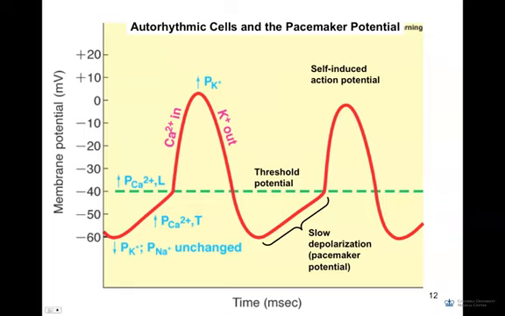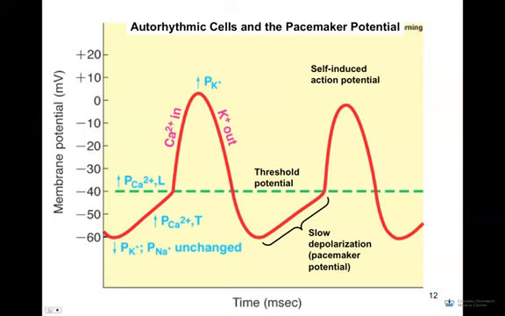And then once the cell hits threshold, there is another kind of voltage-gated calcium channel that opens. It's called the L-type, or the long-type calcium channel, because it stays open for longer. So these calcium channels open and calcium flows into the cell, and that's what causes the rising phase of this action potential.